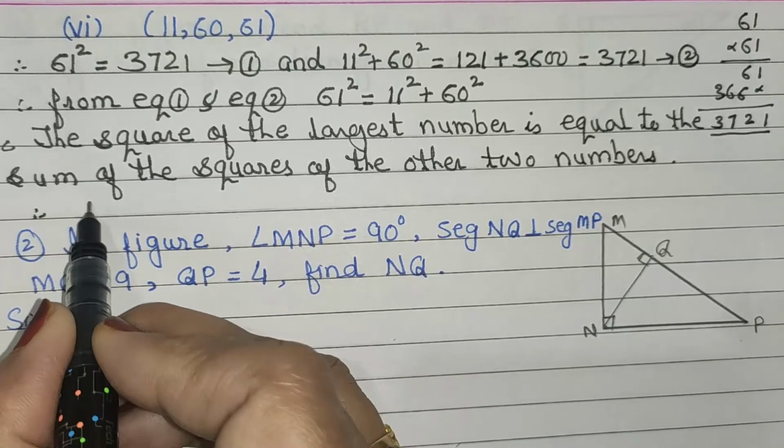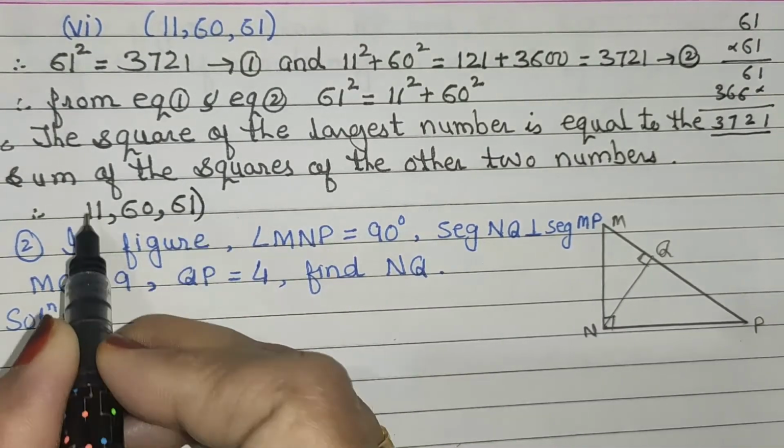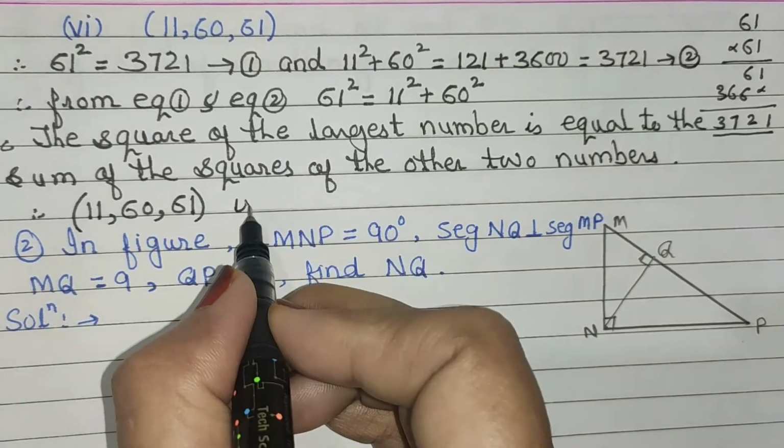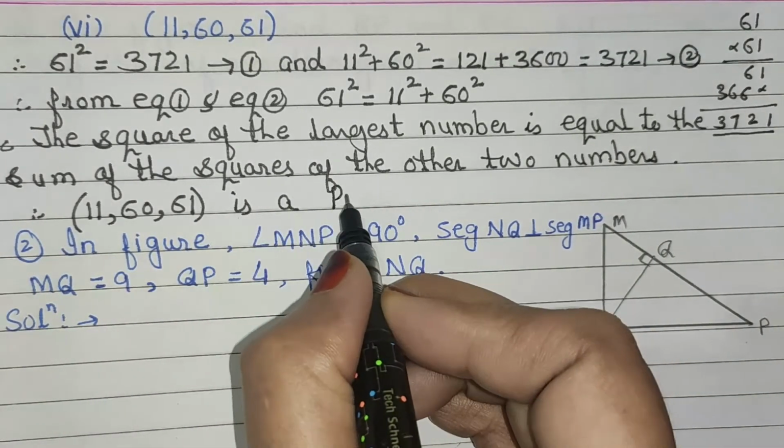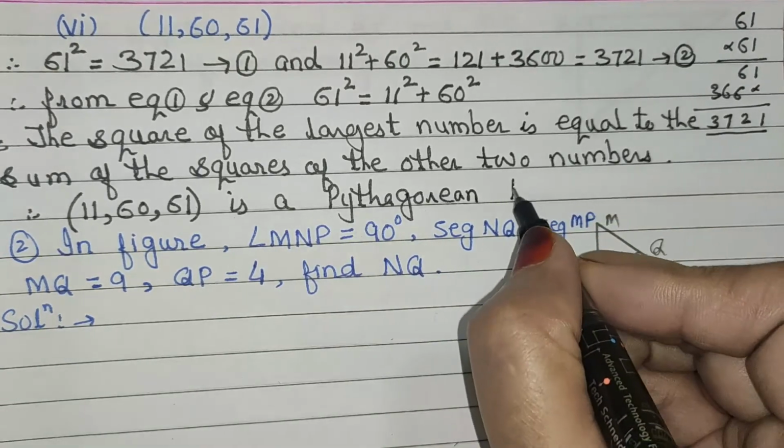Therefore, 11, 60, 61 is a Pythagorean triplet.